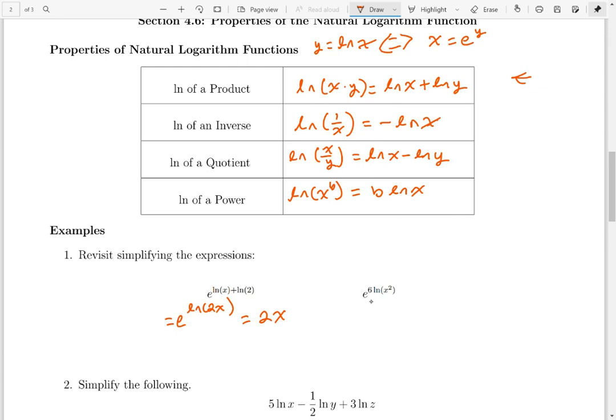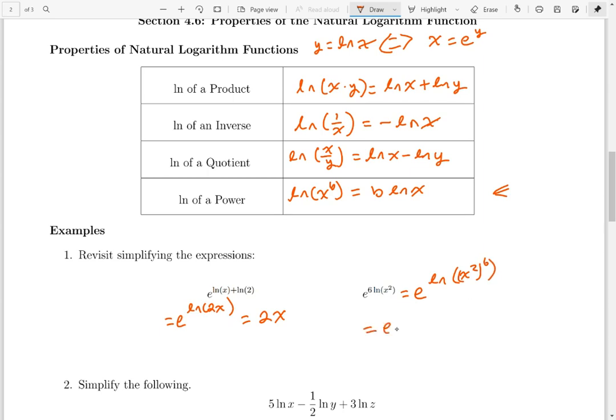Alright, so then I have e to the 6 times the natural log of x squared. Well, this is 6 on the outside, and so this is the backwards part of natural log of a power. So I can take this 6 on the outside of natural log and put it as a power on the inside. So this is the same thing as e raised to the natural log of x squared raised to the 6th power.